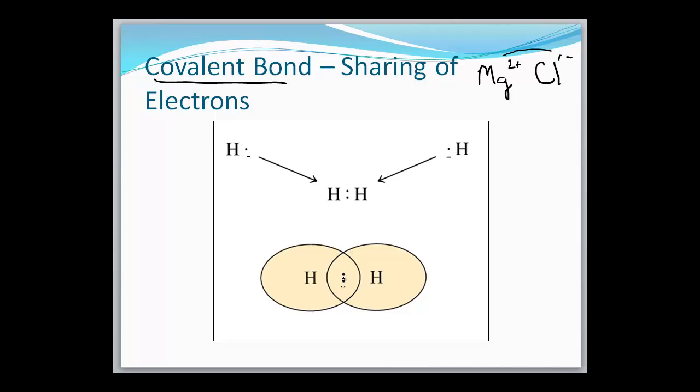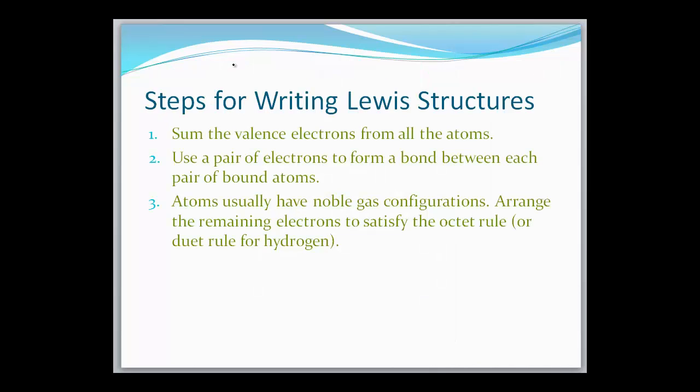Those electrons are shared between the orbitals, and that is what holds the two atoms together to form a covalent bond. As we talk about Lewis structures, you might want to come back to this slide to see the rules for determining how to draw a Lewis structure. So as we do this, I'm going to go through these three rules.